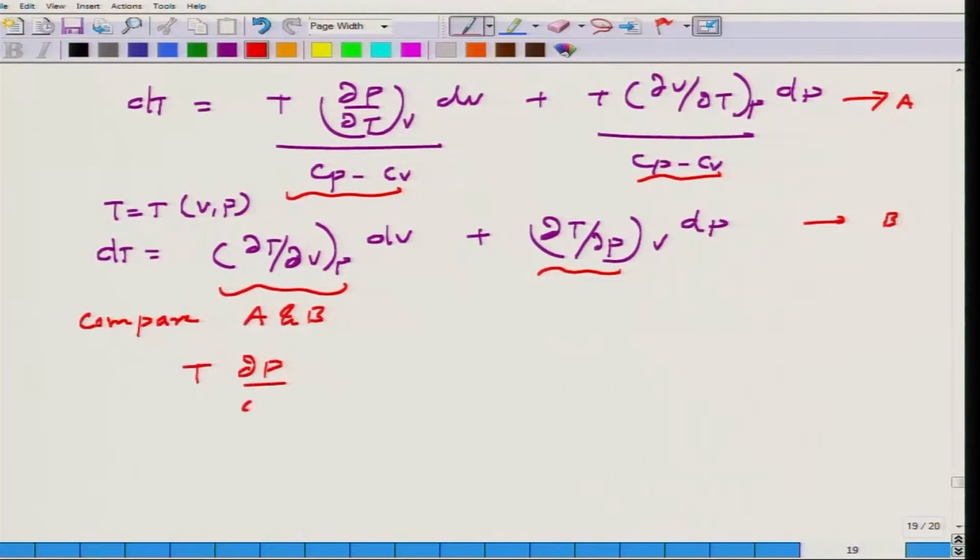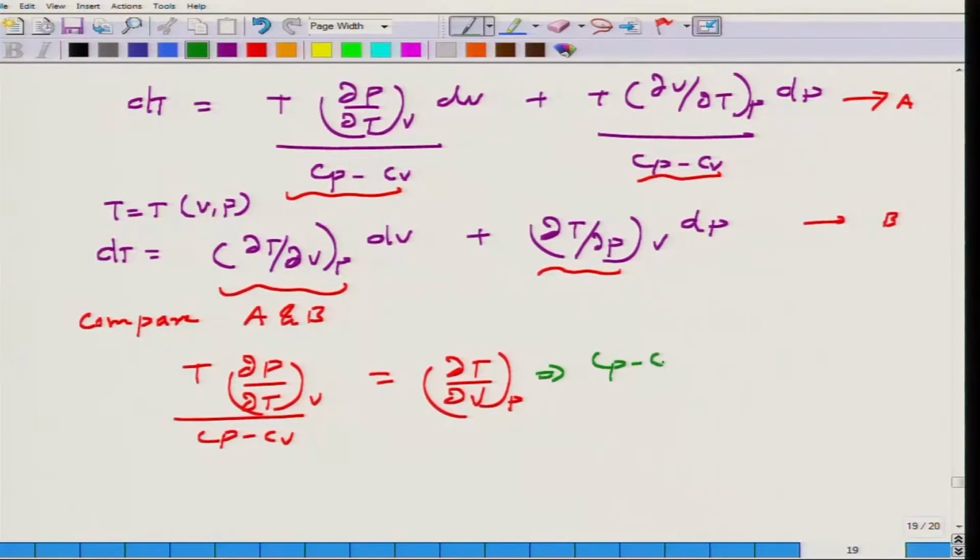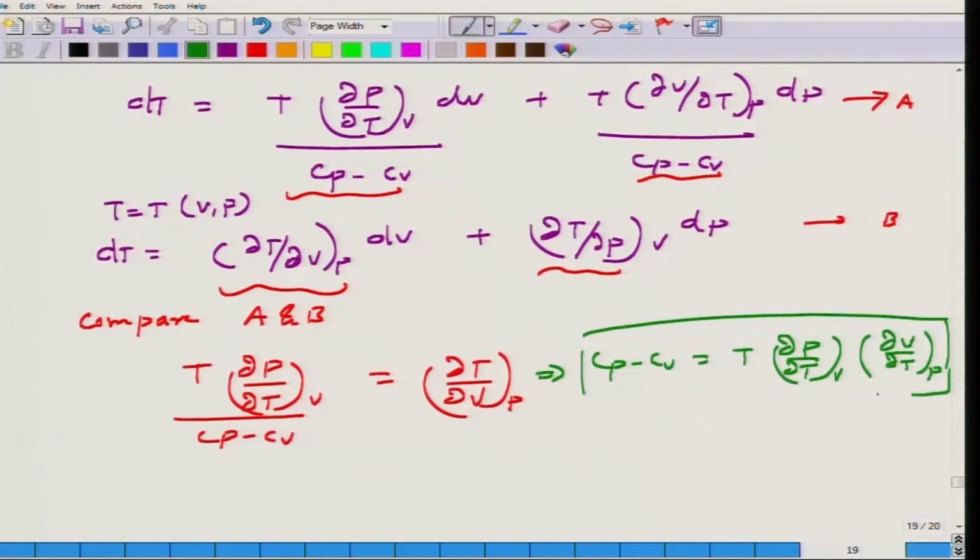T (del P by del T)_V, Cp minus Cv is nothing but, and this tells you that Cp minus Cv is nothing but T (del P by del T)_V, and using the reciprocal relation I can get (del V by del T)_P. So this is one expression which I got.